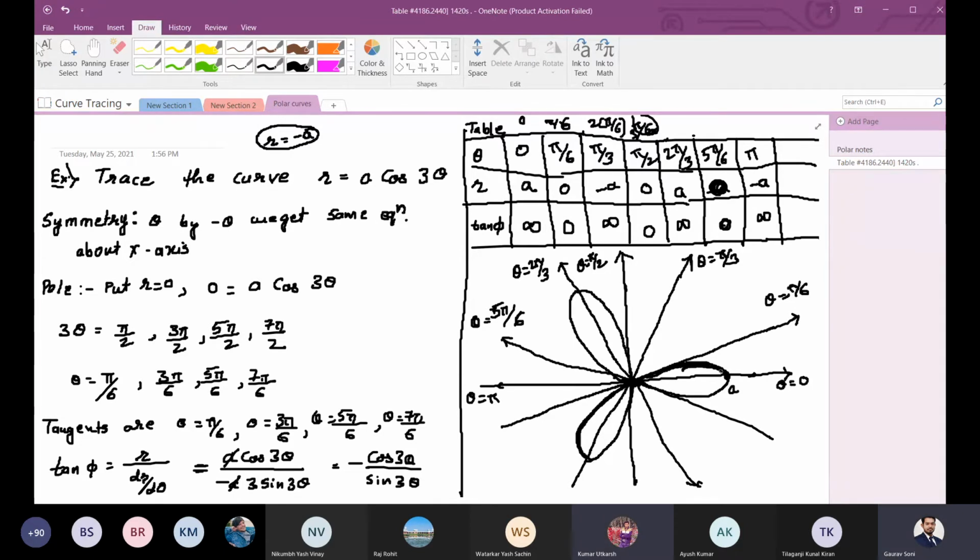It only gives the direction. What gives the direction? Theta. Theta is the angle with the positive x-axis. r is the radial vector, the vector which starts from the origin and ends at a point. That is the radial vector. Yes, sir.